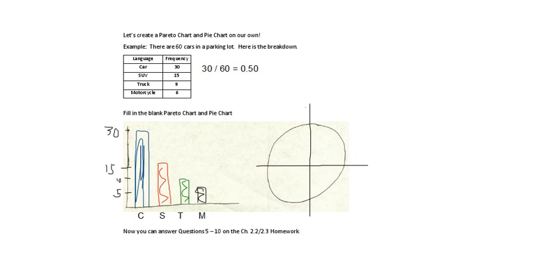For SUV, I would like to do 15 divided by 60, which is equal to 0.25. For truck, I would like to do 9 divided by 60, which is equal to 0.15. And then finally, for motorcycle, I would like to do 6 divided by 60, which is equal to 0.10.